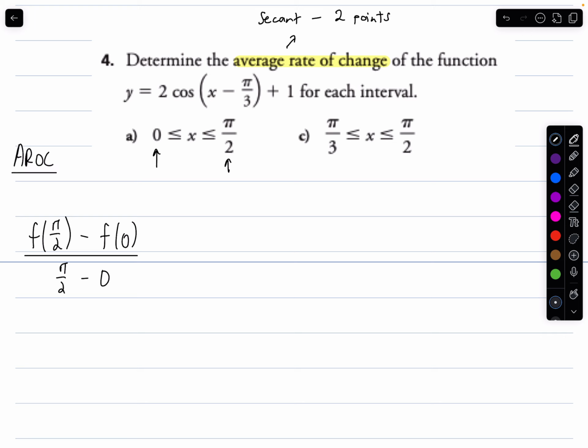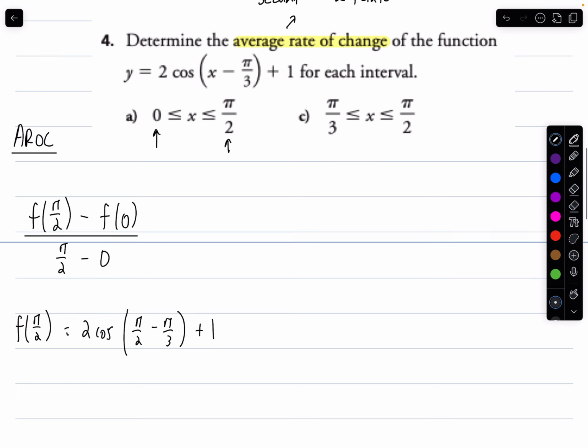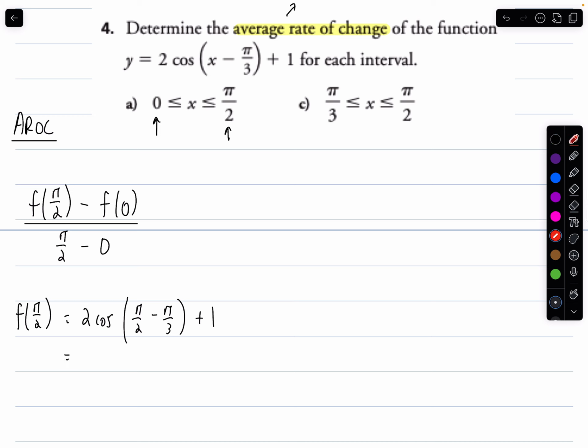So let's do f at pi over 2. Let's find these things individually. So f at pi over 2 is going to be 2 cos of pi over 2 minus pi over 3, plus 1. So if we simplify this, we want to get the actual number. So this we're going to multiply by 3.